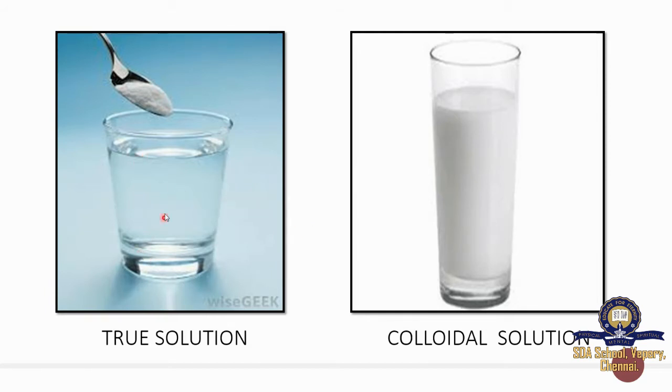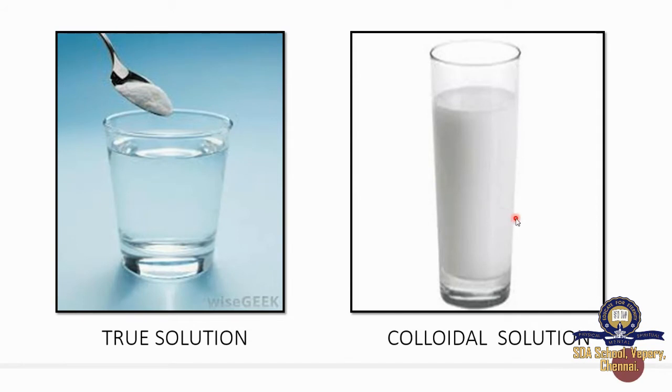In case of salt solution, if you keep your hand behind the salt solution glass, we can see our hand clearly. But when we keep any object behind the glass containing milk, we cannot see the object. Thus, true solution is clear and transparent, and this property can be used to distinguish between true solution and colloidal solution.